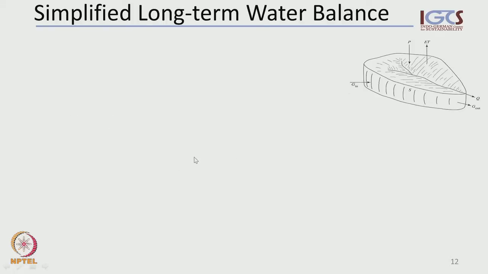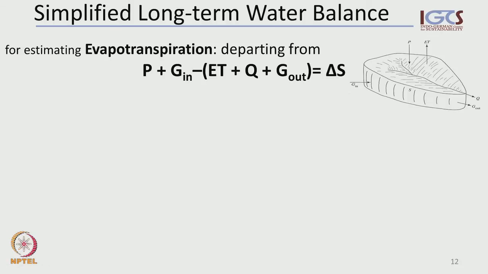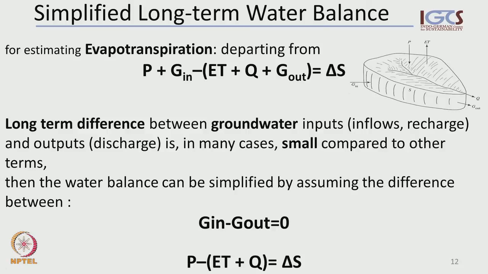Now, there are ways of working with simplified versions of the water budget, which I want to briefly demonstrate here. In the case of the evapotranspiration, which is very often the missing part, one of the missing parts. So when we work with a long-term record, and this is the emphasis here, we can simplify.